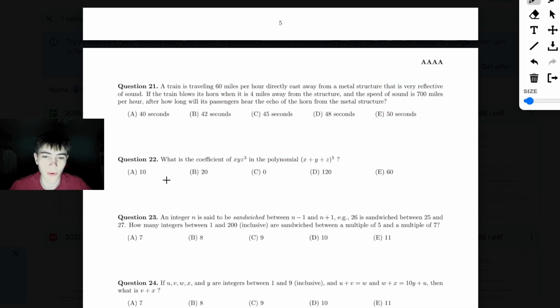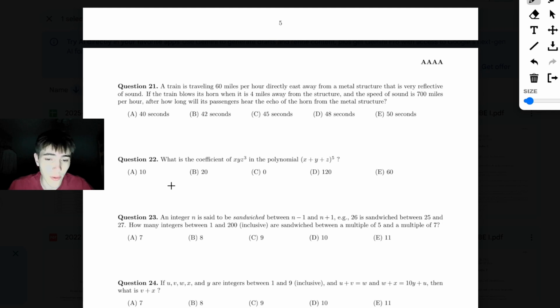Okay, question 22. What is the coefficient of x, y, z cubed in the polynomial x plus y plus z all to the fifth? If you know how to expand a polynomial, you should know what the answer is going to look like.